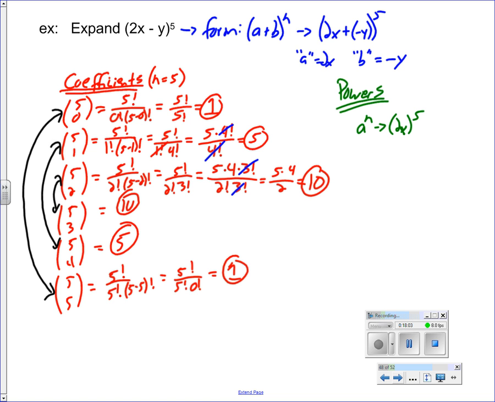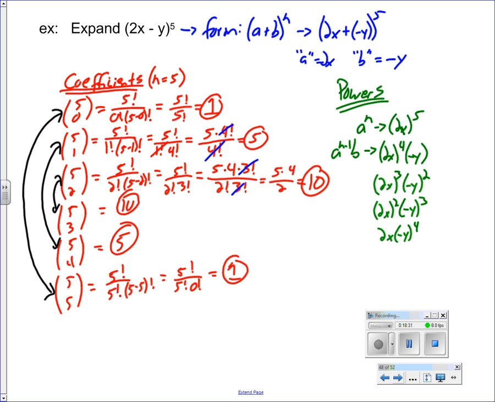So our next term would be a to the n minus 1 b, which would be 2x to the 4th negative y. Then next we would have 2x to the 3rd negative y squared, 2x squared negative y to the 3rd, 2x negative y to the 4th, and then last we would just have negative y to the 5th.